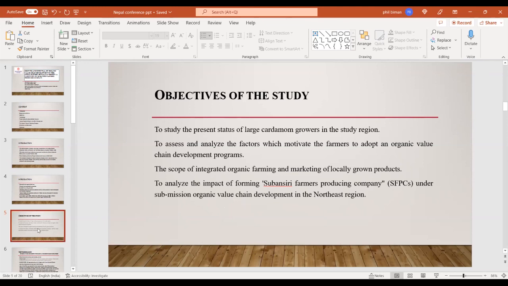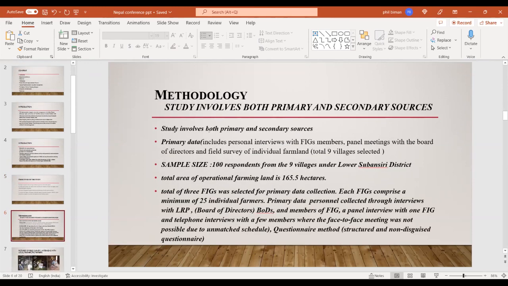Moving forward, this is a totally qualitative research study, involving both primary and secondary sources.